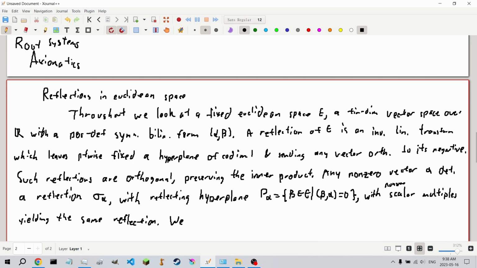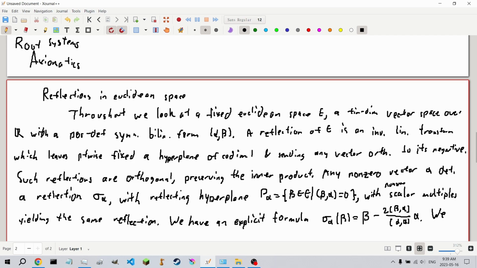We have an explicit formula: sigma alpha of beta is equal to, this may be a familiar formula, beta minus 2 times the form of beta and alpha over the form of alpha and alpha, times alpha. And this just sends alpha to negative alpha and fixes everything in P alpha, which is all you need to check that this works.